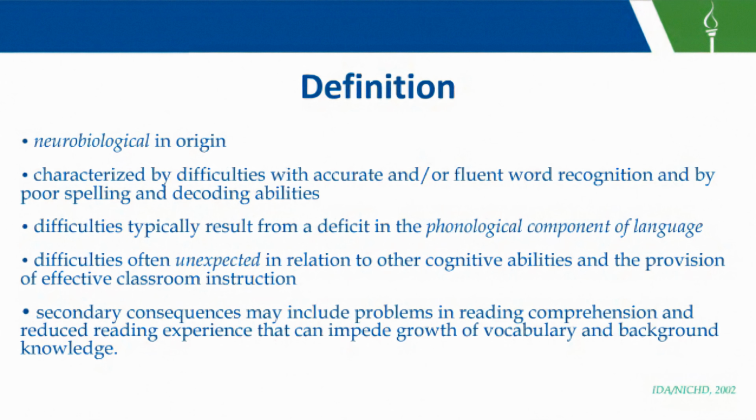Difficulties are often unexpected in relation to other cognitive abilities and the provision of effective classroom instruction. Secondary consequences may include problems with reading comprehension and reduced reading experience that can impede growth of vocabulary and background knowledge, which becomes particularly important for those secondary students.